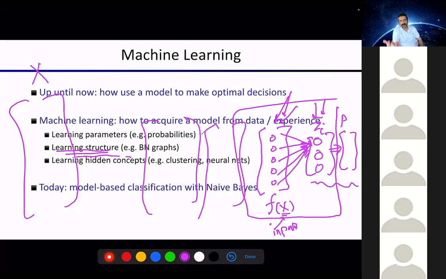But if you have some probabilistic models, with principles that you know from probabilities, you can reason about the structure of the model. You can do some changes structurally. You can learn some parameters for the model, right? And you can also learn some hidden concepts, right?